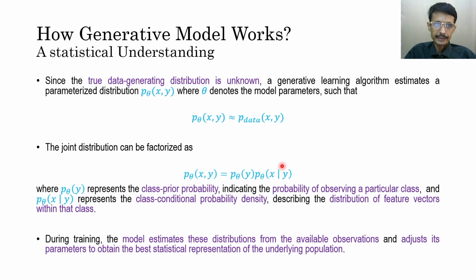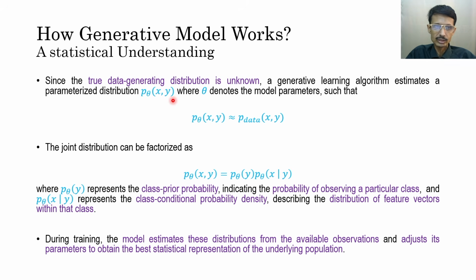Okay. Now, since the true data generating distribution is unknown, one thing is very confusing here. Somebody may say that it is a known distribution. It is known by virtue of its samples. So it's an unknown distribution. A generative learning algorithm estimates a parameterized distribution p theta (x, y). What are we trying to find?